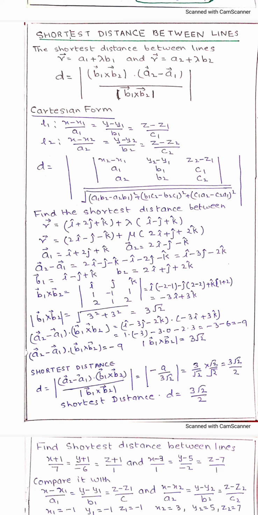Then the distance is given by the determinant with rows x2 minus x1, y2 minus y1, z2 minus z1; a1, b1, c1; a2, b2, c2, divided by the square root of (a1 b2 minus a2 b1) square plus (b1 c2 minus b2 c1) square plus (c1 a2 minus c2 a1) square, all under modulus.